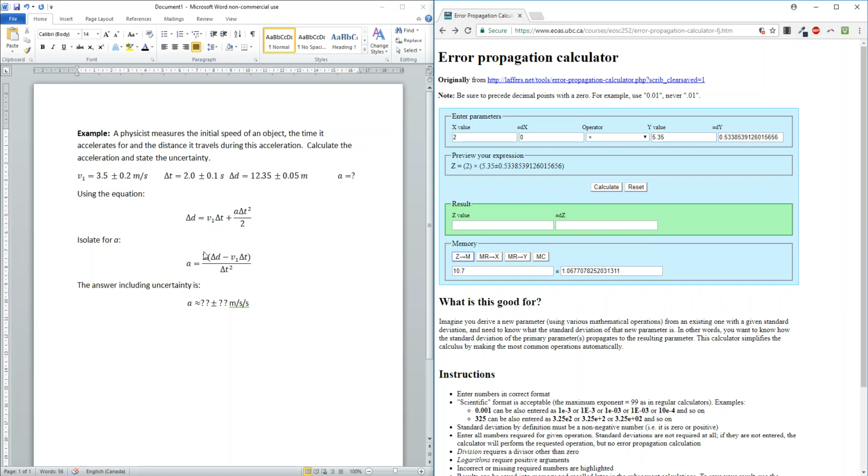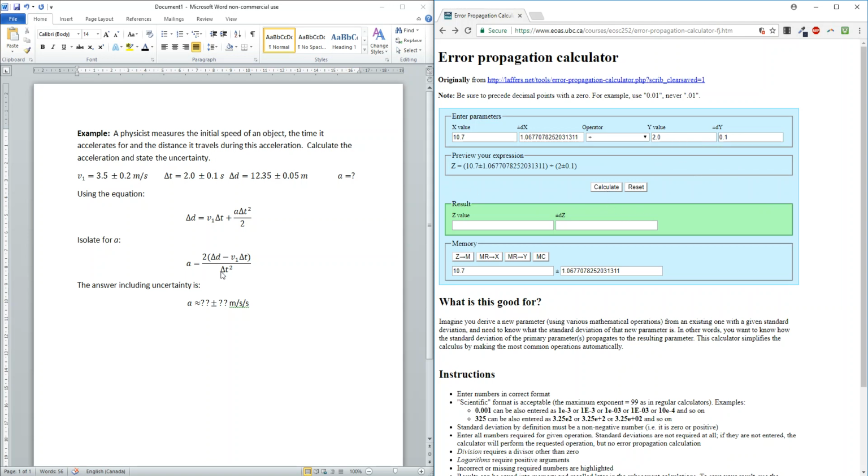Now this is going to be this divided by delta t squared. So I'm going to recall this in x instead this time, because it's the numerator, and I'm going to divide by the time, and the time was 2.0 plus or minus 0.1. Now I can't do the square here, so I am going to, at this point, just hit calculate.